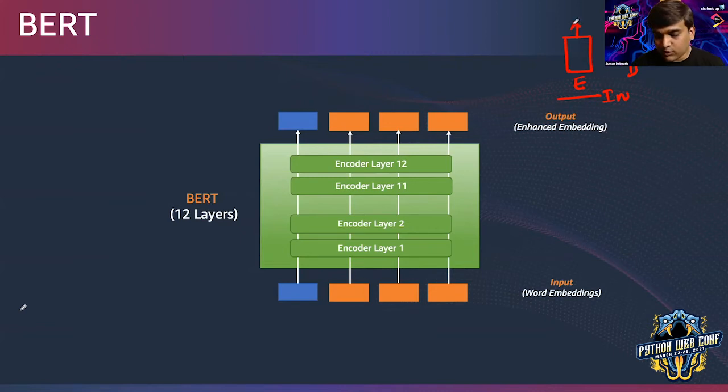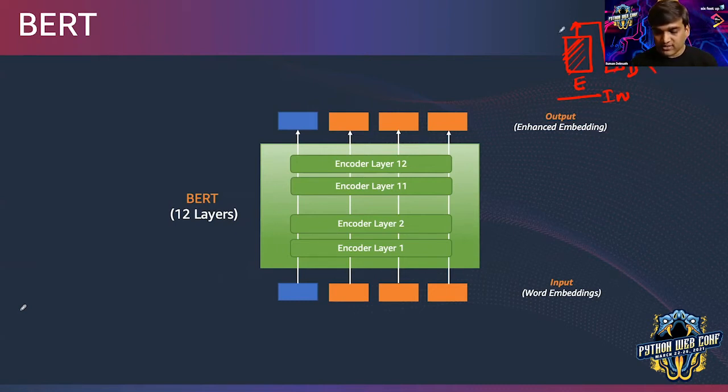And this output is fed into the decoder, and the decoder produces the prediction or the output of this whole model. So this is the final output. So basically you have an encoder part and a decoder part, right? But in BERT, you don't have the decoder part at all.